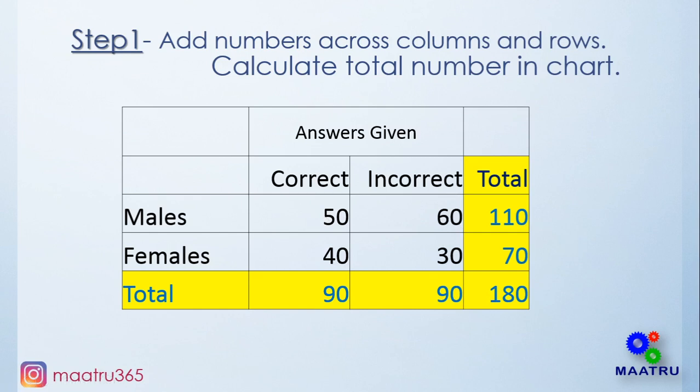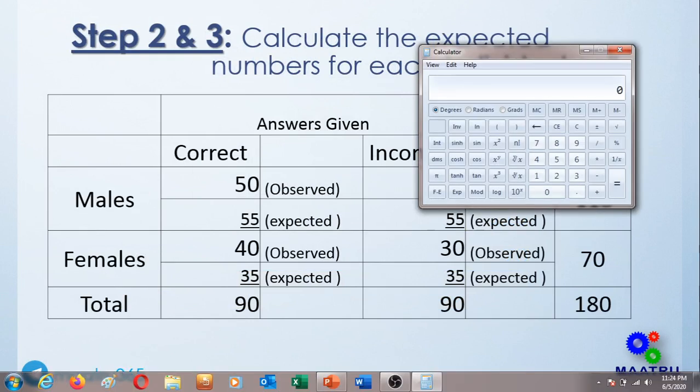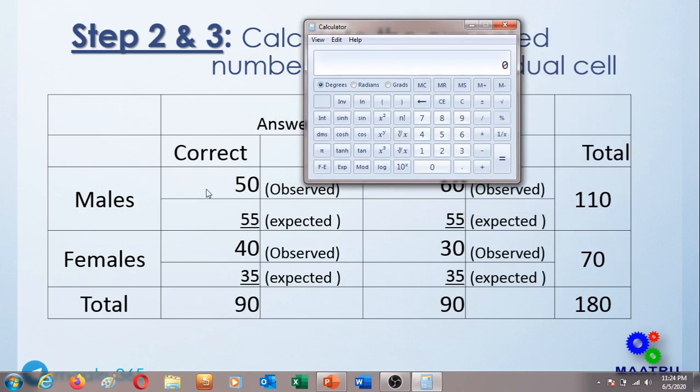And the next step is to calculate the expected value. Here we use a calculator and do all the calculations using the calculator. So first row, first column, observed value is 50 and expected value we need to calculate.